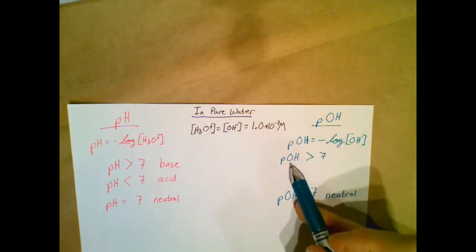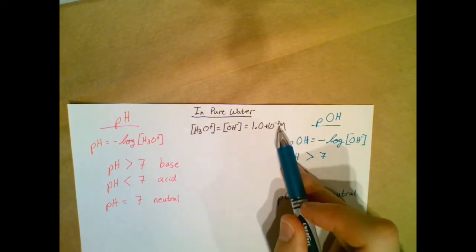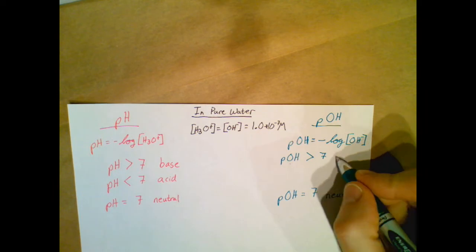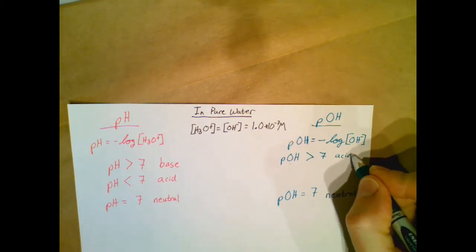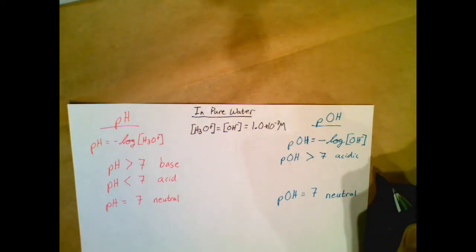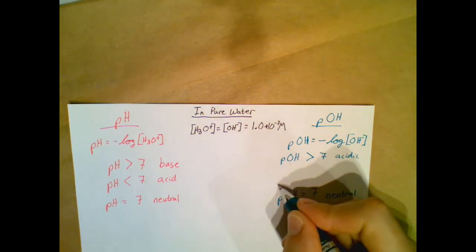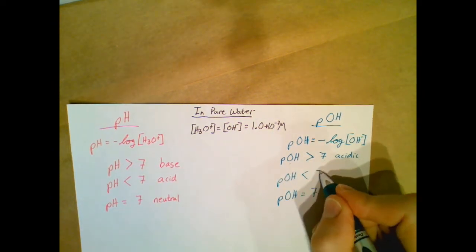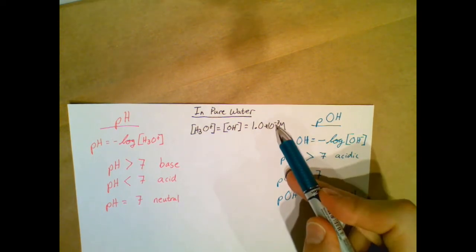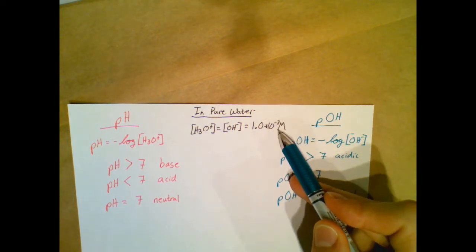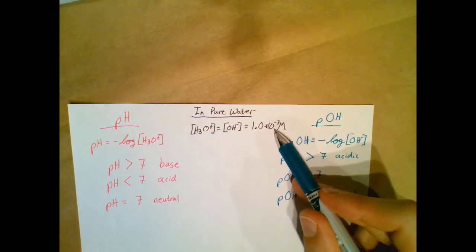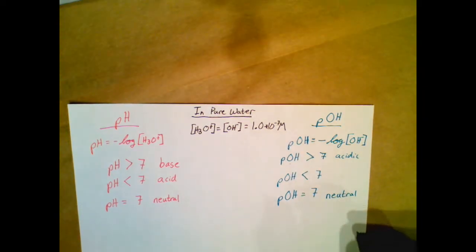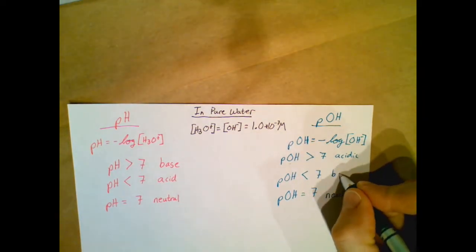What that means is the concentration of OH minus is actually less than this. If it's less than that, then you're dealing with an acidic solution. If the pOH is less than 7, it means that you actually had a greater amount of OH minus, greater than 1.0 times 10 to the minus 7, which means it's a base.